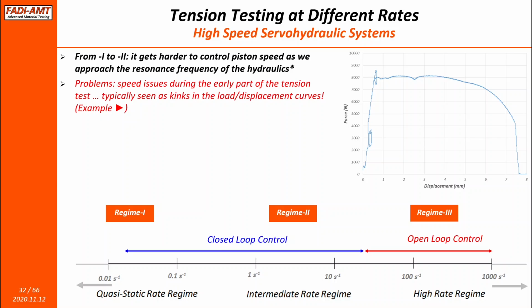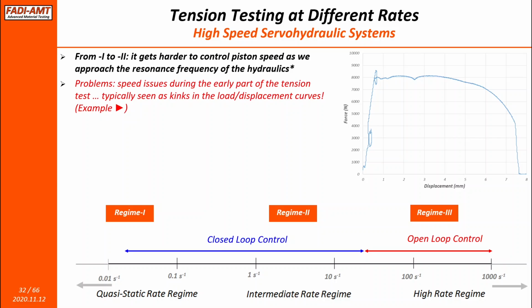I call it a funny point in the system domain, where you are talking about a large hydraulic cylinder with some oil in there, and you're pushing this piston not too slow, like quasi-static, where you don't have any problem, and not too fast, like high rate.